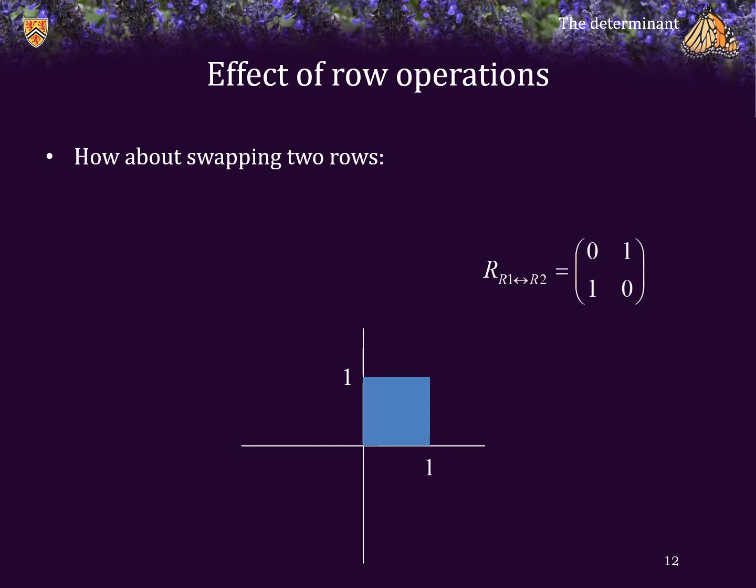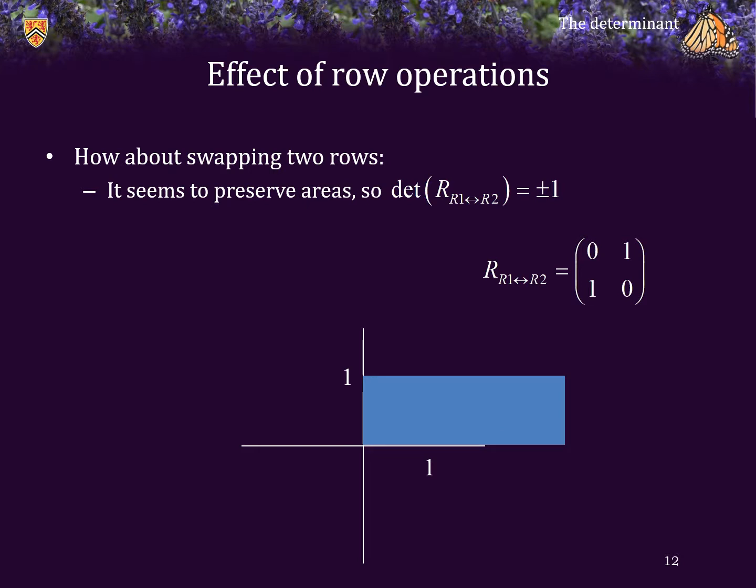If we swap the two rows of each vector in that unit square, we get back that unit square. So it seems at least that the operation of swapping two rows preserves the area. So in that case, the absolute value of the determinant of such a matrix is going to be plus or minus 1.